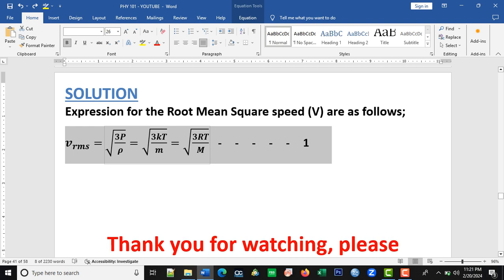The T here represents temperature of the molecule, and the small m here represents the mass of an individual molecule of the gas. And we also have root 3RT over m. So the R here represents the universal molecular gas constant. We still have temperature here and then the molar mass of the substance.